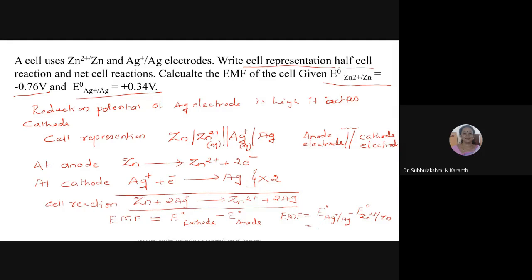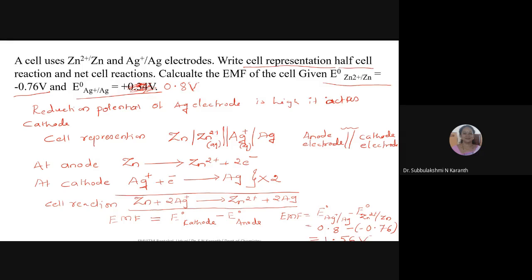And E naught for Ag+, you know, it is wrongly given in the problem. It is not 0.34, it should be 0.8 volt. So it is 0.8 minus of minus 0.76.